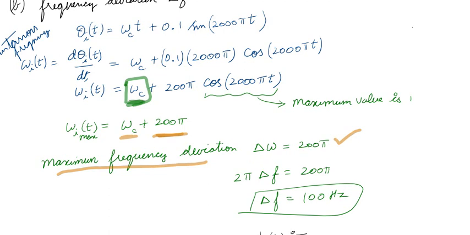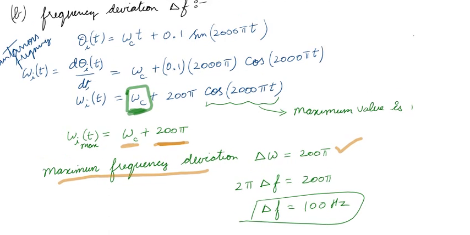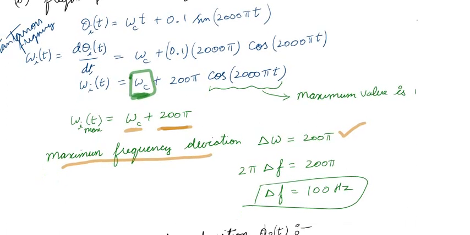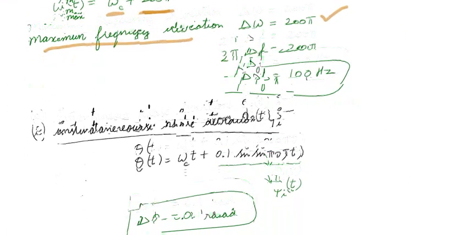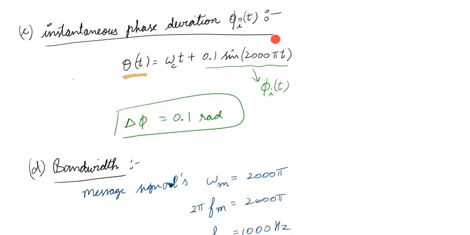Got it? The next part of the question is about the phase deviation. What is the phase deviation? The instantaneous phase angle is given by omega c t plus phi_i(t), so phi_i(t) is 0.1 sin 2000 pi t.